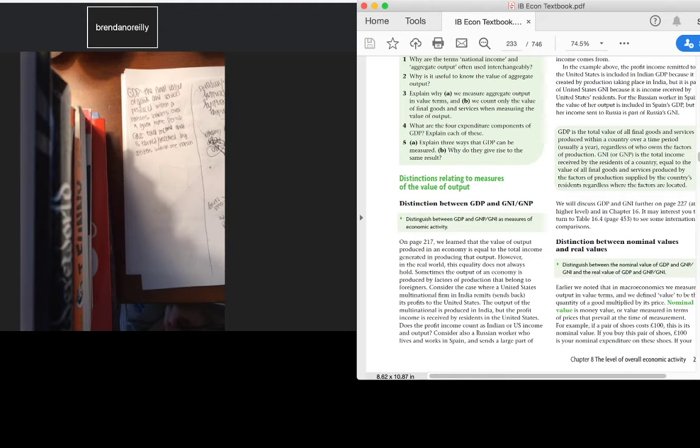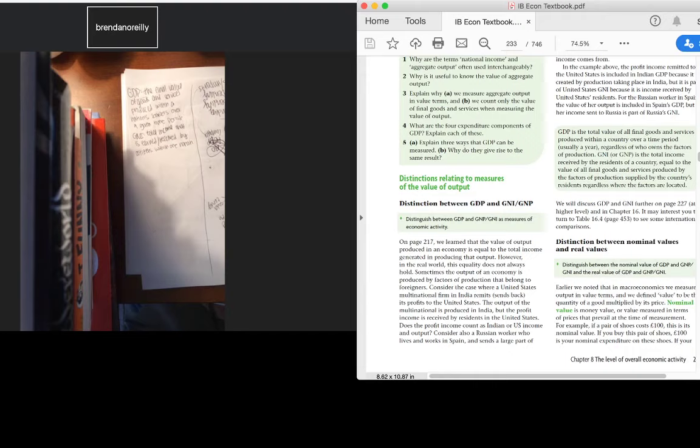Let's say there is a resident of the United States, but he's working in Germany right now. If he sends money back from Germany to the United States, or he just earns it, but he's still a resident of the United States and he lives here, then that's counted in the GNI.